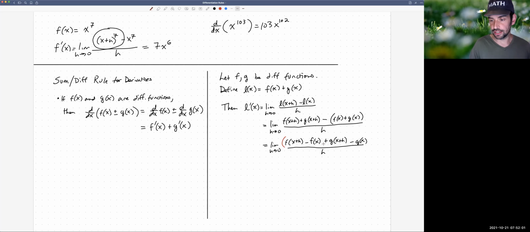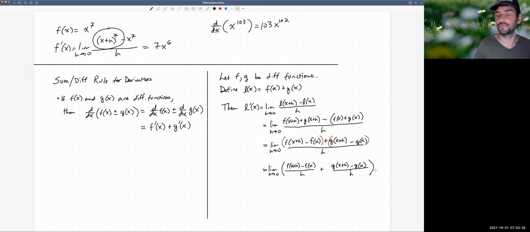Now I'm going to think of, in my head, these two groupings and rewrite this as the limit as h goes to 0 of f of x plus h minus f of x over h plus g of x plus h minus g of x over h, right? So that's just how fractions work. Now I'm going to use my limit laws.